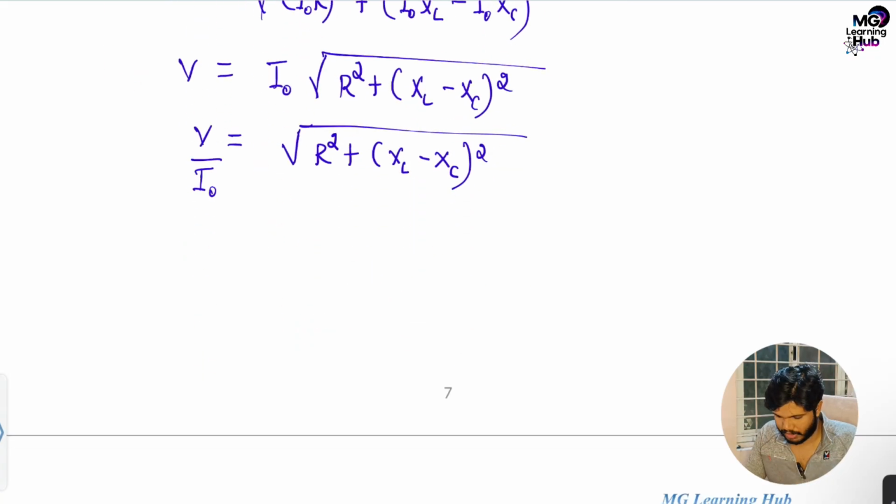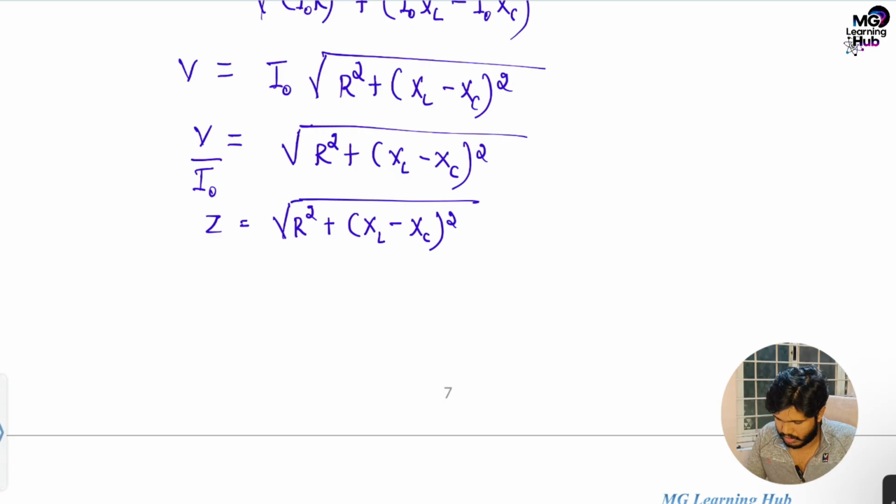Now this will become Z ಆಗುತ್ತೆ. That is Z will be equal to root of R square plus XL minus XC whole square. This is what called as impedance expression. ಇದನ್ನೇ impedance ಅನ್ನೋದು.